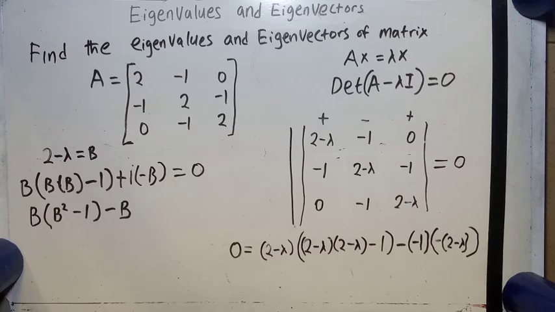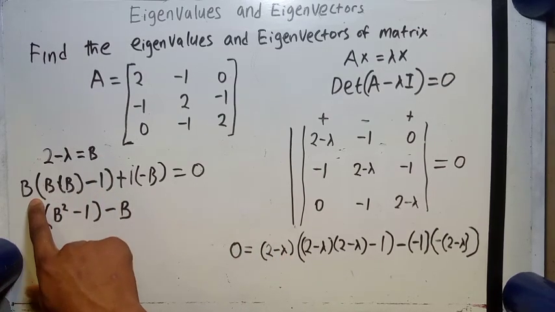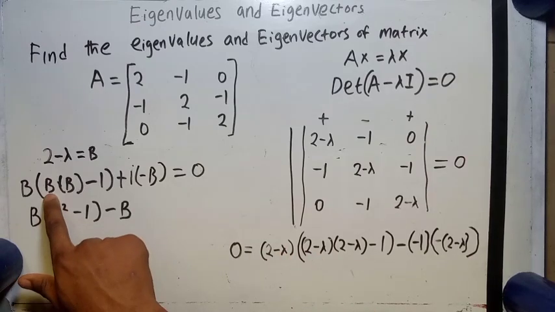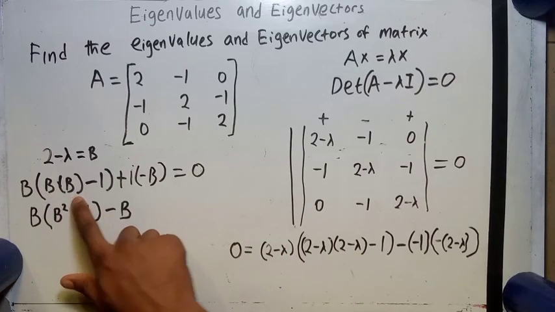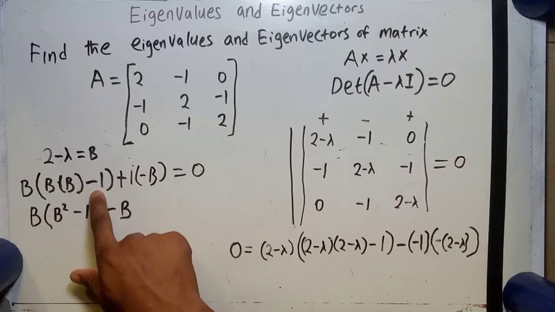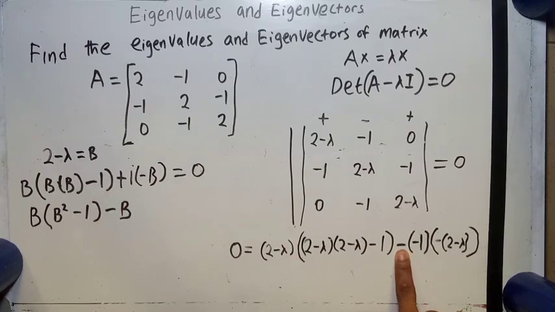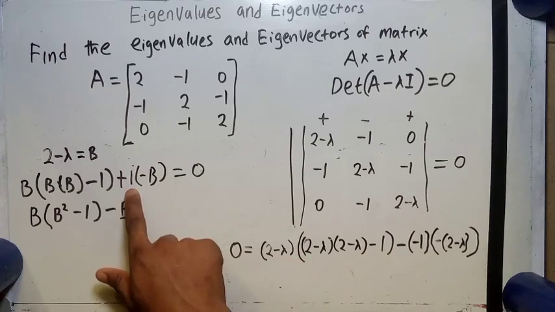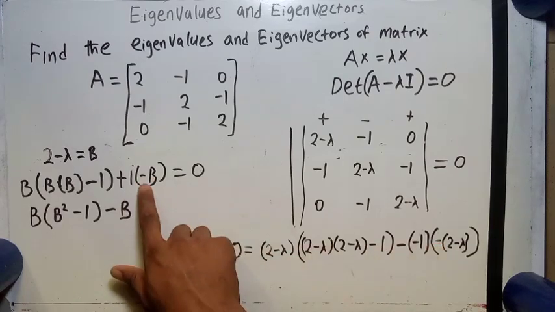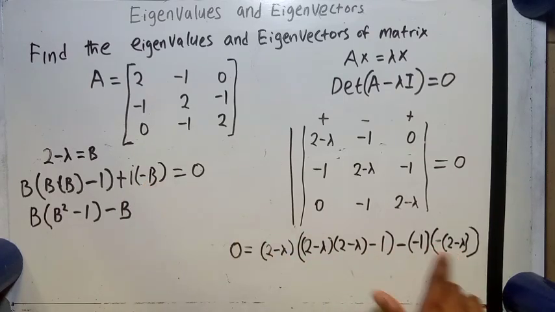Don't get confused. 2 minus lambda, we replace it with B. This guy was replaced, this other one replaced. We will get our minus 1 there. Minus times minus is plus, that's the reason for this plus 1 here. This guy is B. Capital B is equal to 0.